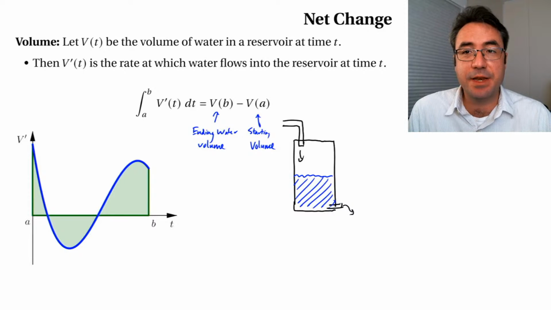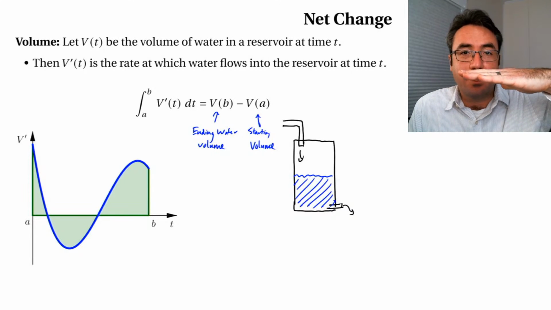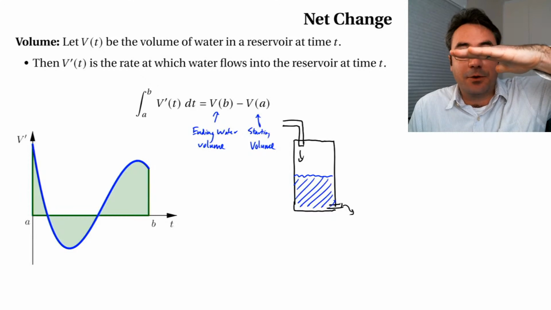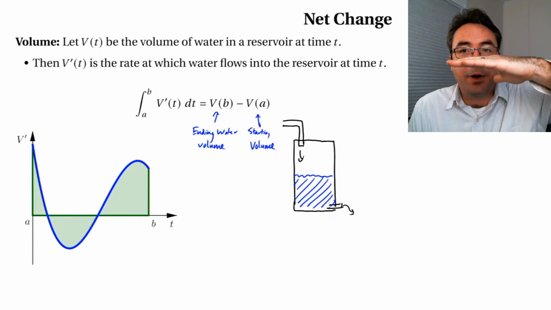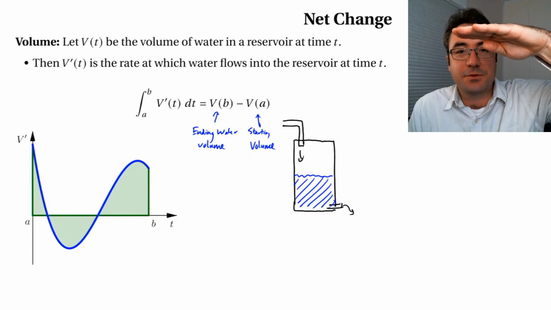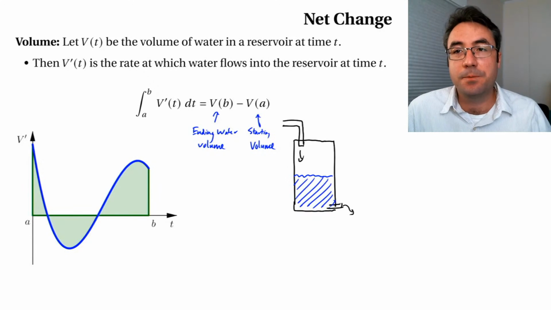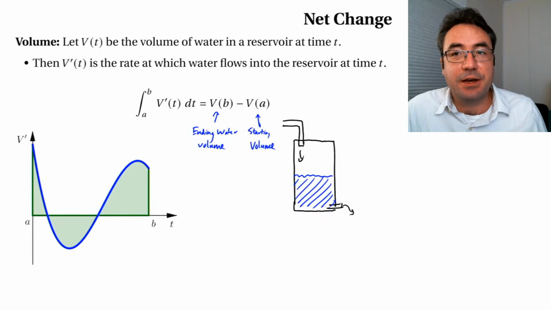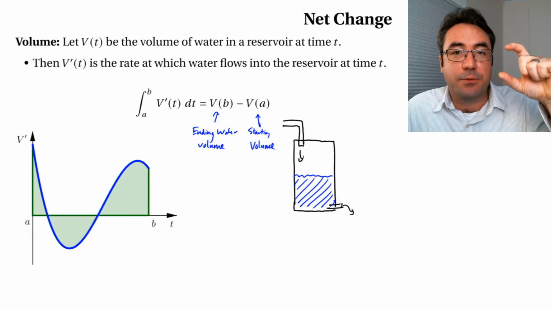So it'd be just kind of the net change. So we watch our water level, it goes up, it might go down, but what is the difference between how much volume we started with versus what we ended with? So V of B minus V of A is just calculating what the end result is.